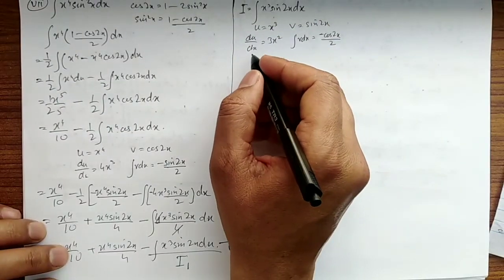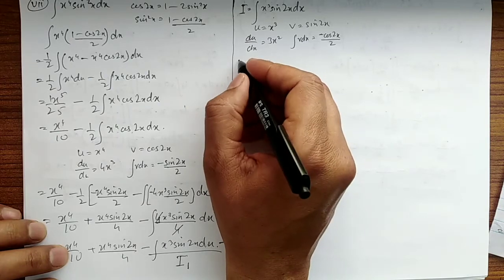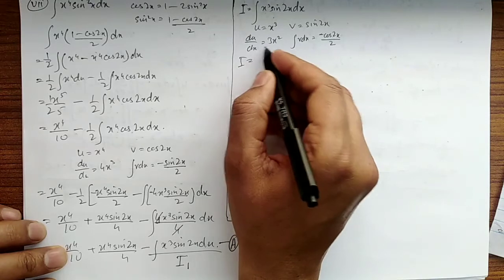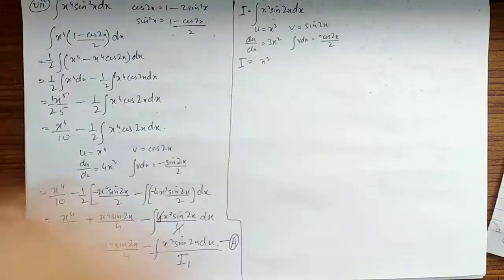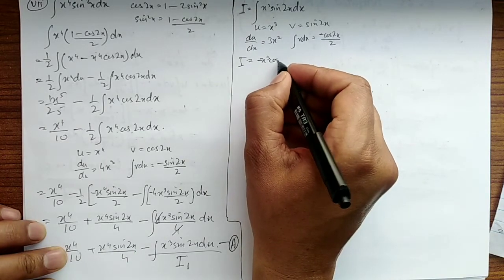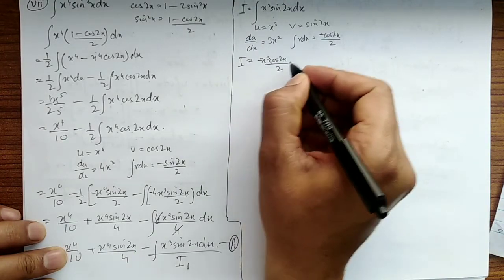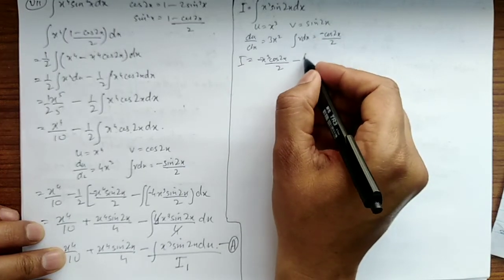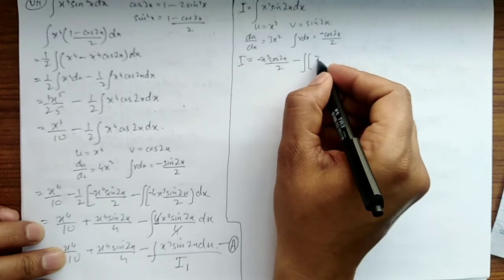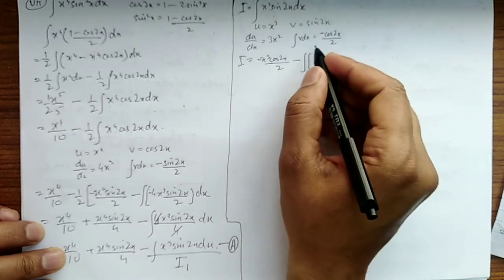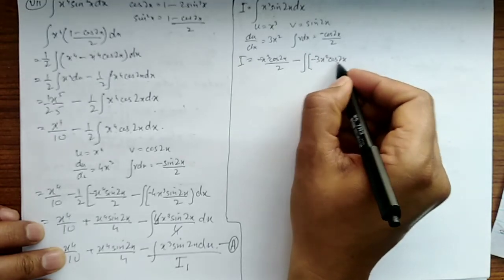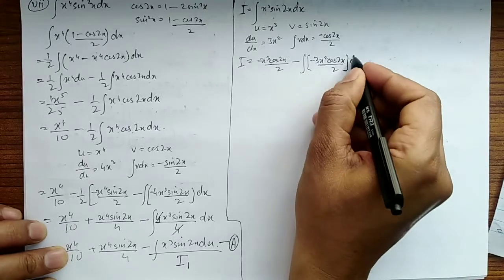Putting the values in the formula, I1 equals u, what is u, that is x cube, into the integral of v, that is minus cos of 2x upon 2, minus integral of du upon dx, that is 3x square, into the integral of v, that is minus cos 2x upon 2 dx.